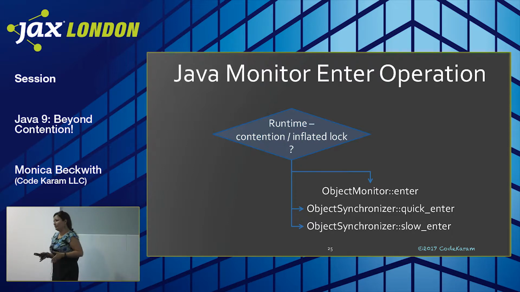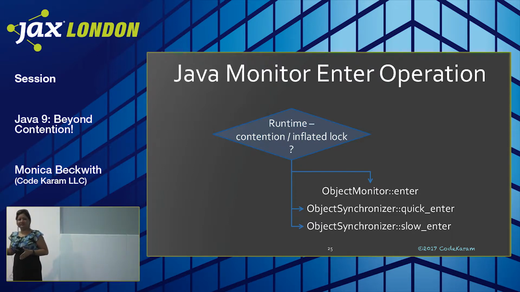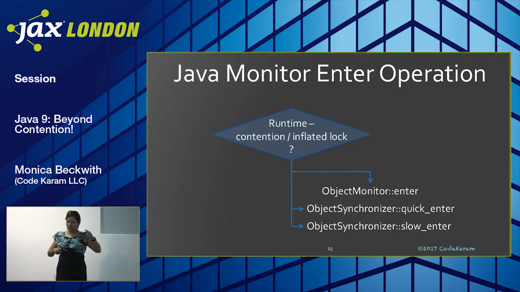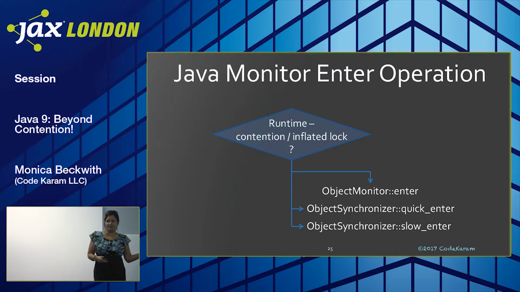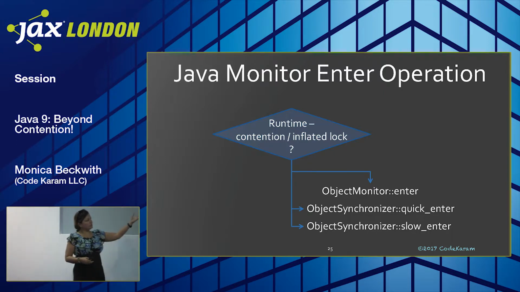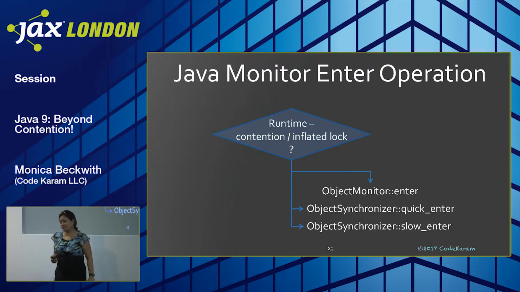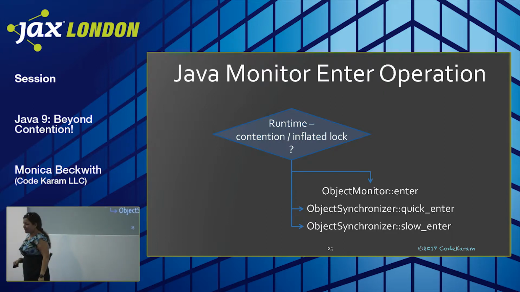But now we know we're inflated, so why not do it during quick enter while you're doing other things? While the wait is happening and while the monitor enter and exit operations are happening, we could have moved the threads already. Those simple optimizations are what make up the quick enter subroutine.